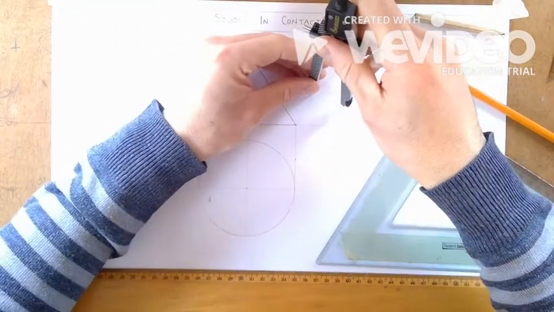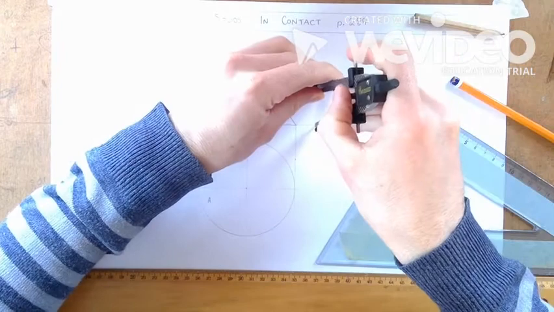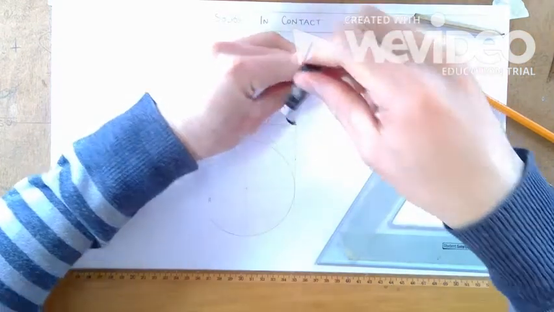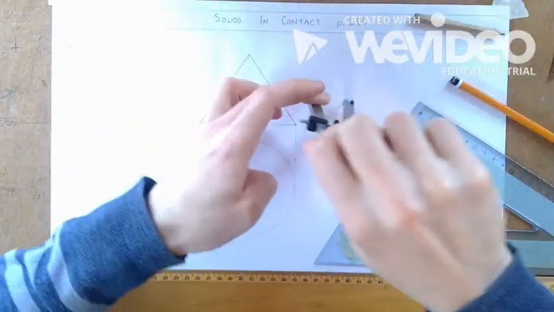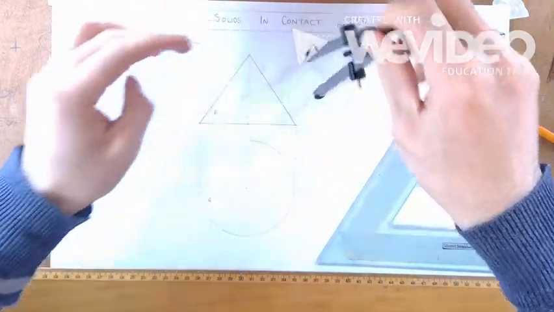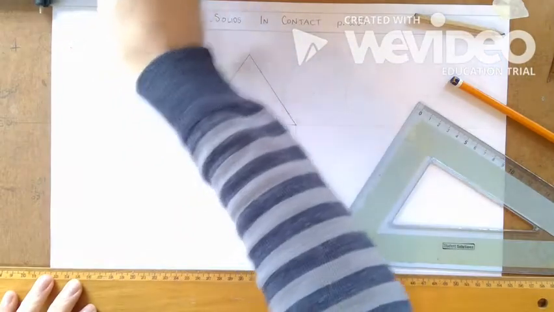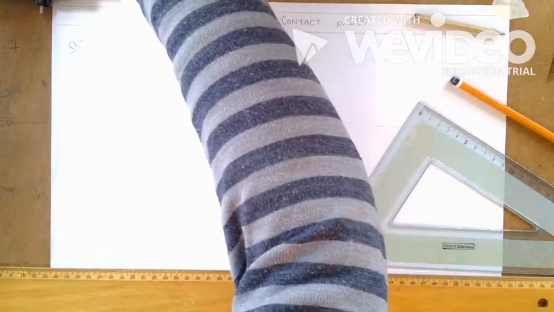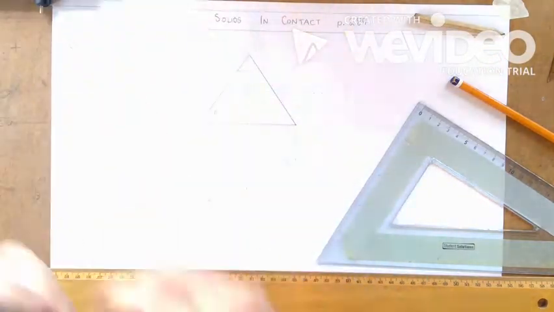Where both of them meet is my center point, my radius 30, and then I can draw that in. At the moment that's my construction sphere, so I'm just going to do that in a yellow color.